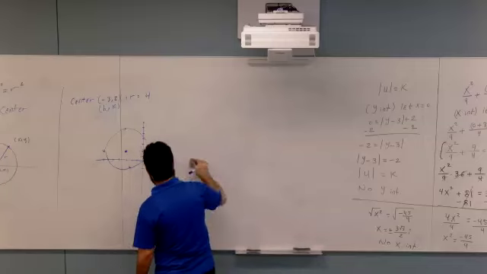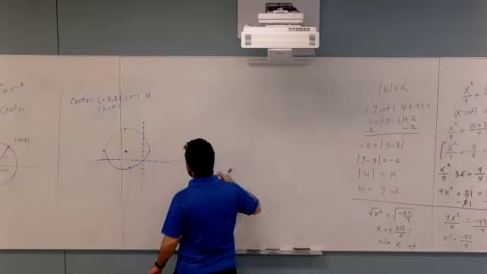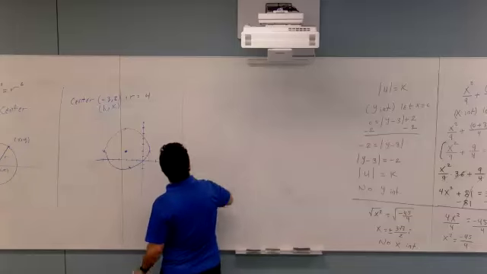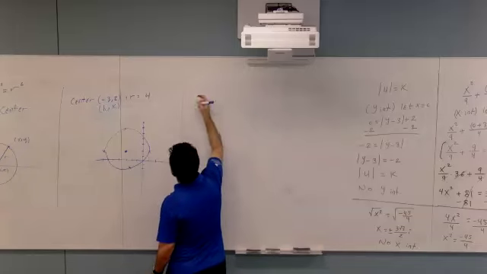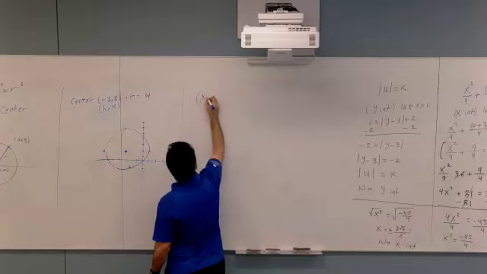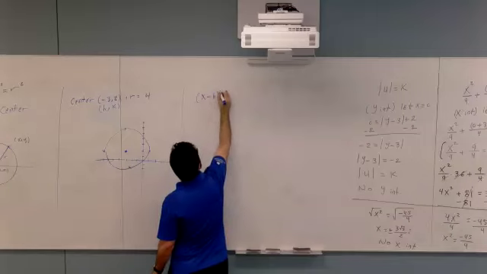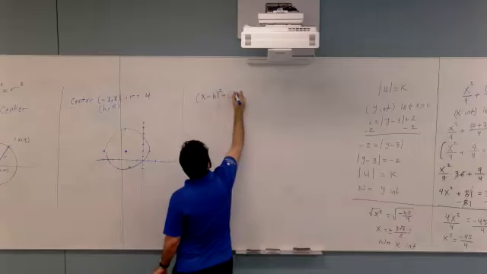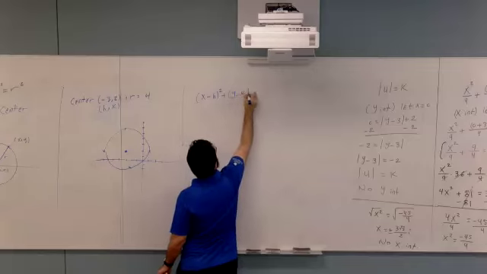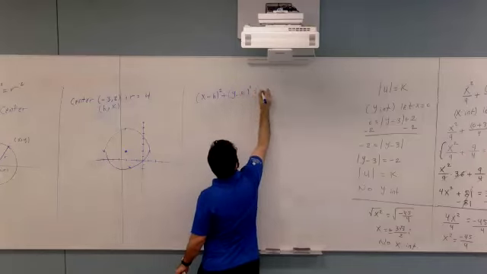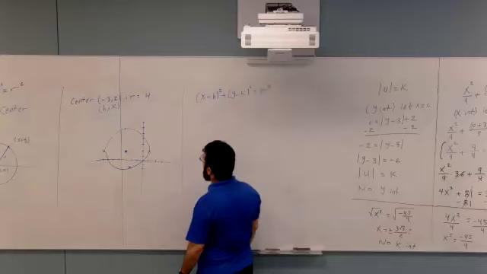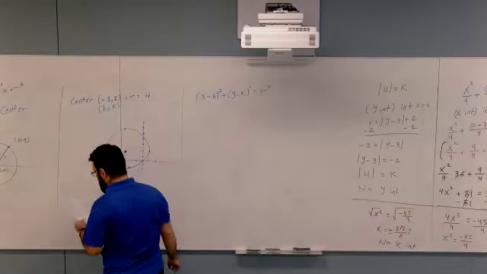We're going to study the general form later. The standard form is x minus h squared plus y minus k squared equals r squared. Is that okay?